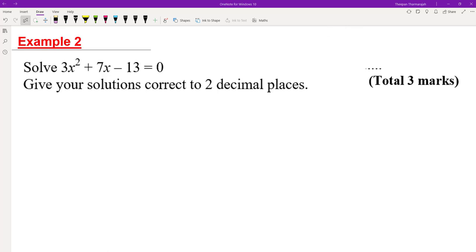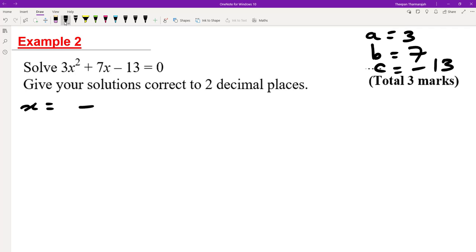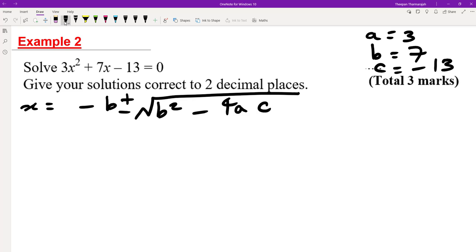Here's a question for you to try. You can pause the video, and when you're done, I will go through my worked solution. Okay, welcome back. So we've got a is 3, b is positive 7, and c is minus 13. So let's write down the quadratic formula. x is minus b plus or minus the square root of b squared minus 4ac.